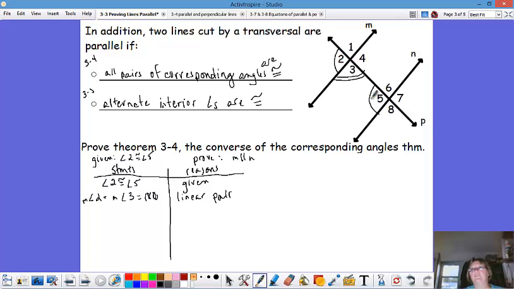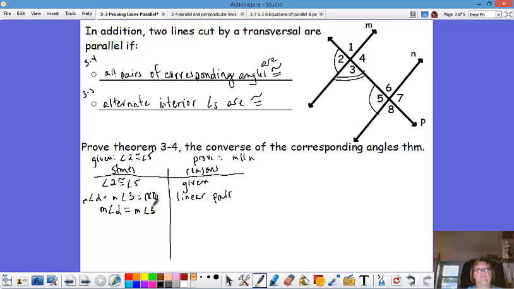I know that angle 2 is the same as angle 5. So now, if these two are supplementary, then these two have to be as well. So I'm going to do a little substitution. If angle 2 is congruent to angle 5, that means that I can replace angle 2 with angle 5 anywhere. Before I do that, I should probably do this step, which sometimes I might leave out. I'm going to go from congruence to equality here.